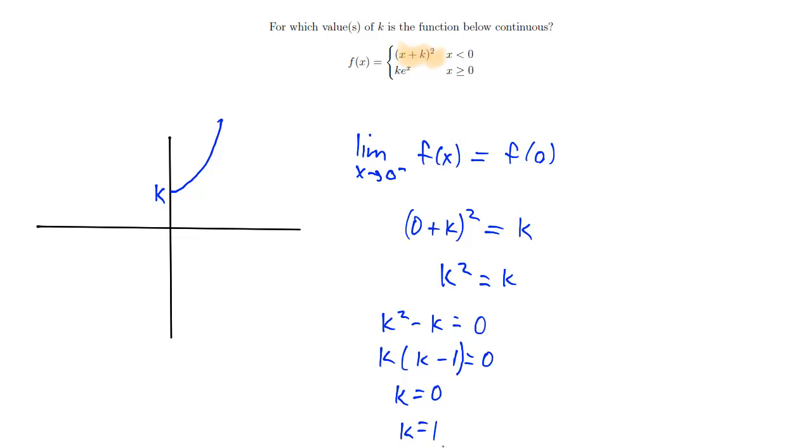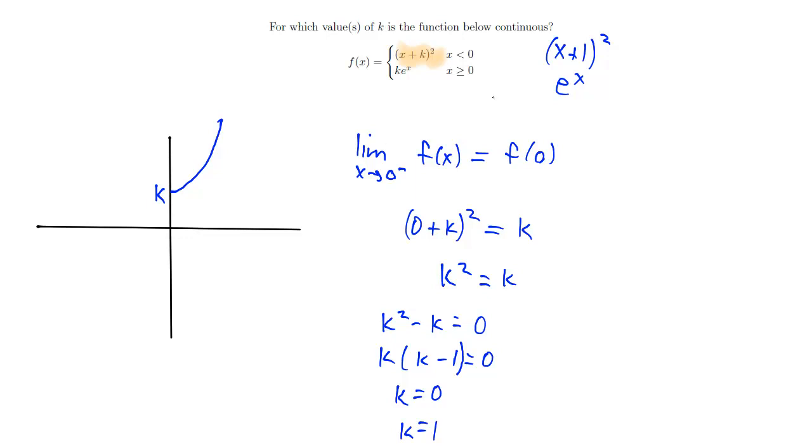Let's see what happens if we make k equal 1. If we make k equal 1, then we have (x plus 1) squared and e to the x. Do those two functions hook up at 0? Well, e to the x goes through the point where x is 0, y is 1.